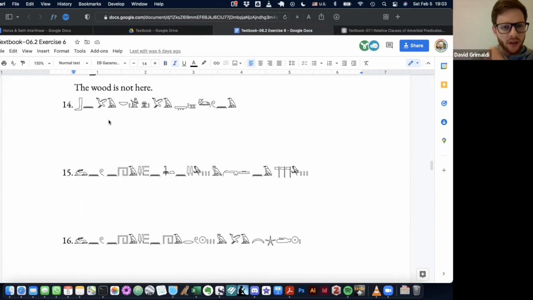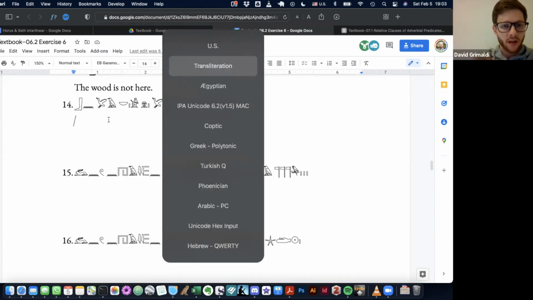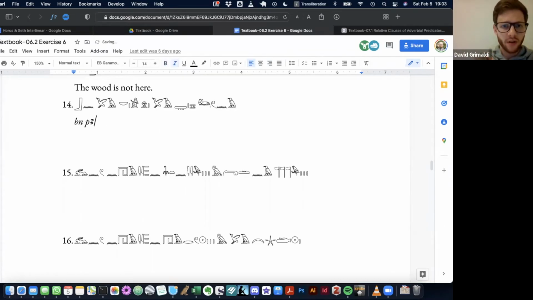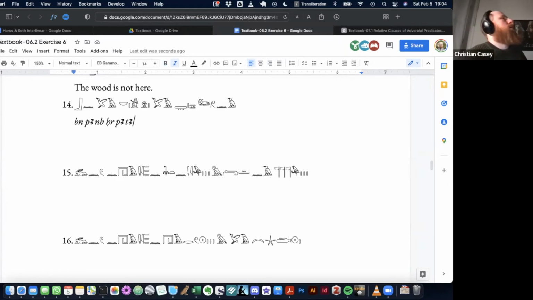So number 14: Ben, Pa, Neb, and I think it's Her. Pa, this would be Ta. And then what is this? Is this a donkey or a calf maybe? It is a newborn Bubalis.